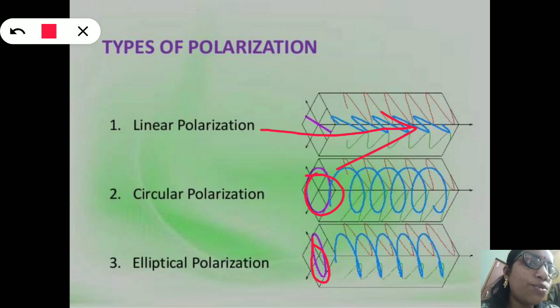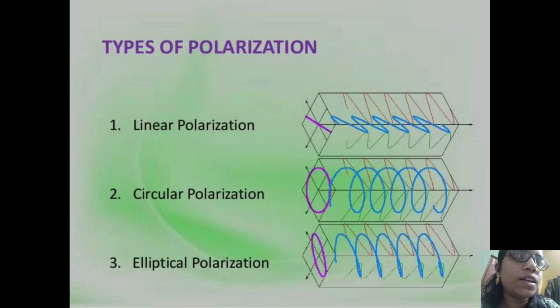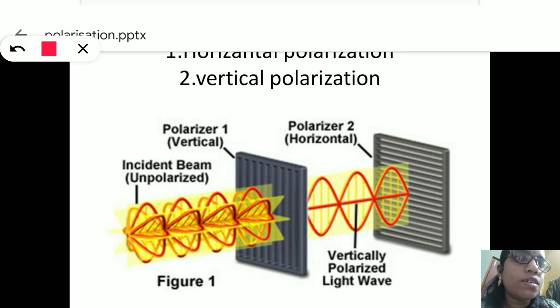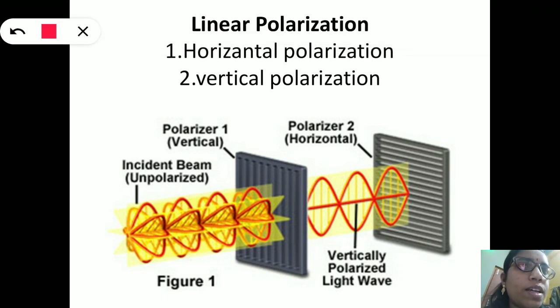How the wave is moving, how the wave is propagating, what is the shape, that refers to the type of polarization technique. The first type is the linear polarization technique.